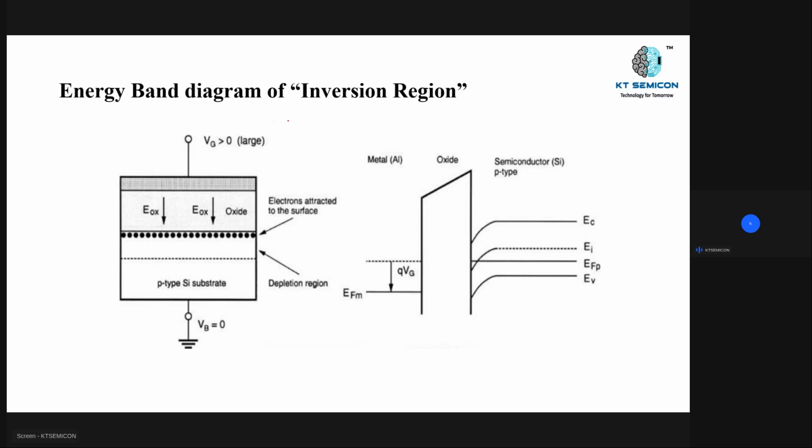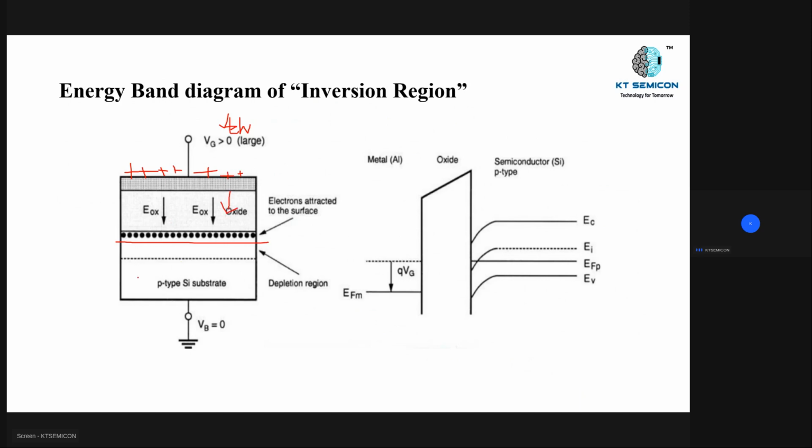Up to now we had only a small amount of negative ions, because we were applying less voltage. Now my gate voltage is more than the threshold voltage, and the electric field direction is the same, from gate to the substrate.